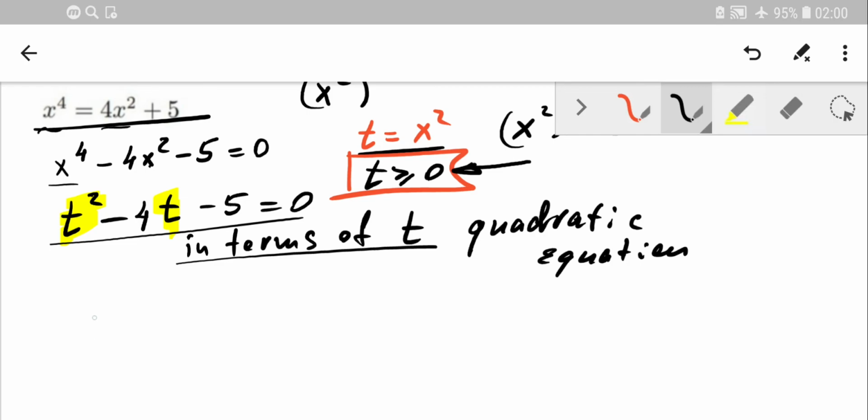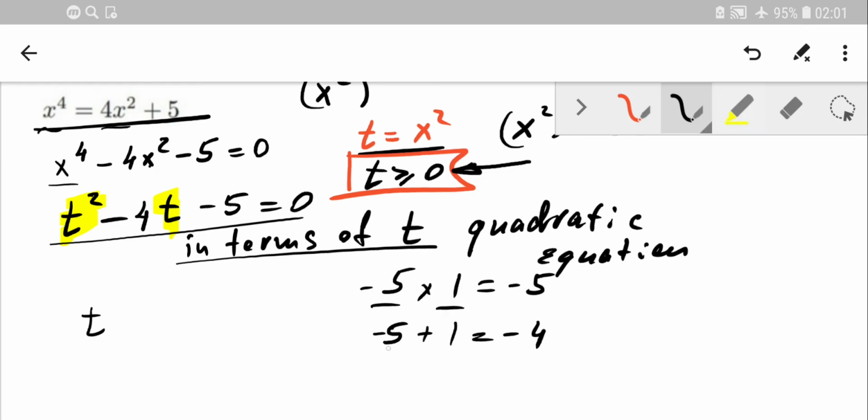Let's do that. I'll use factorization, so I just simply say the product of a and b should be -5, so it looks like it's -5 and 1, and the sum, if you add them, you should get -4.